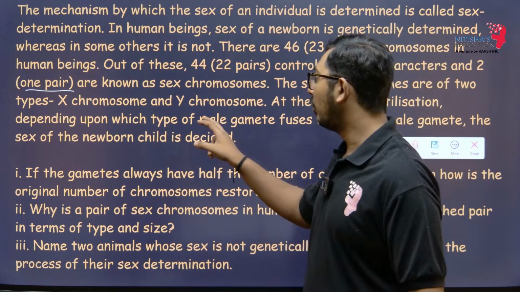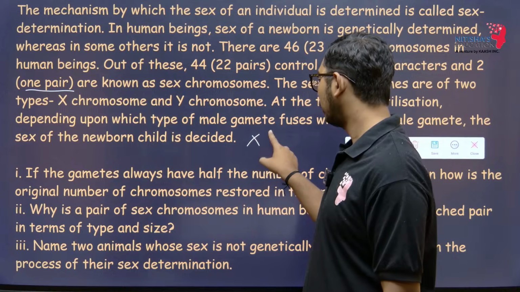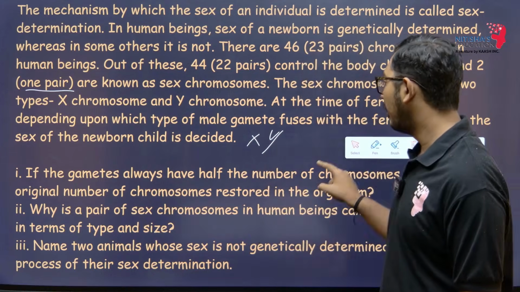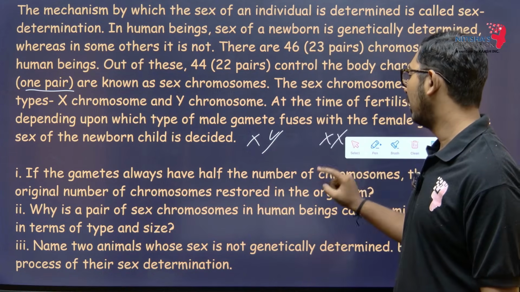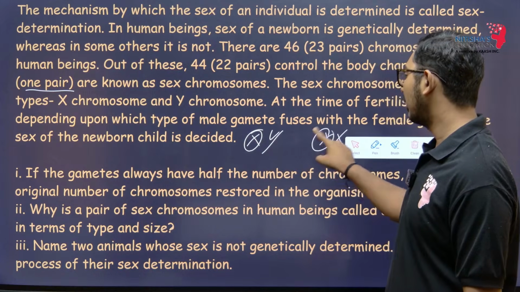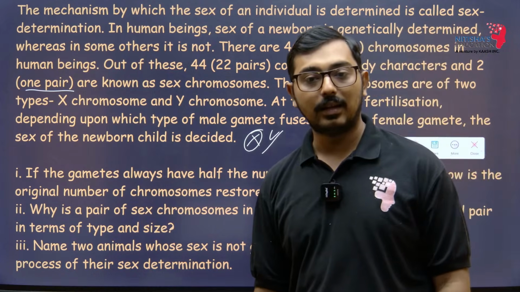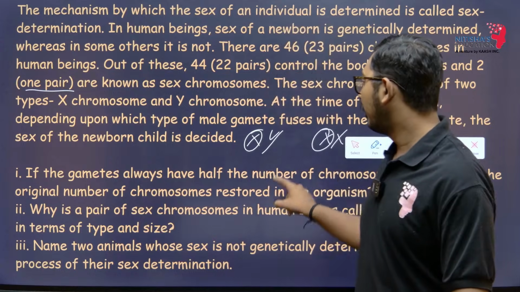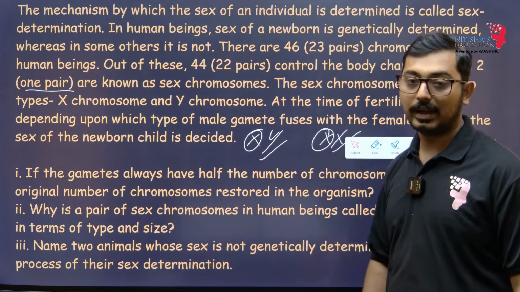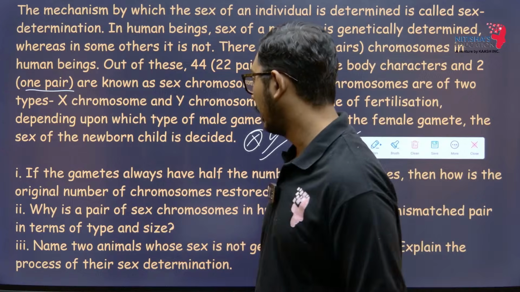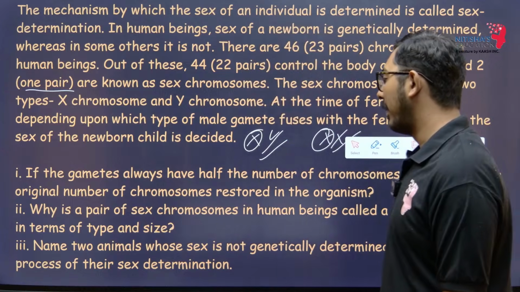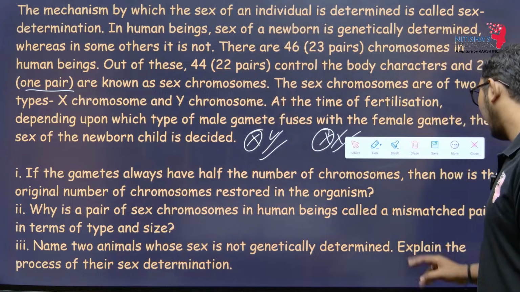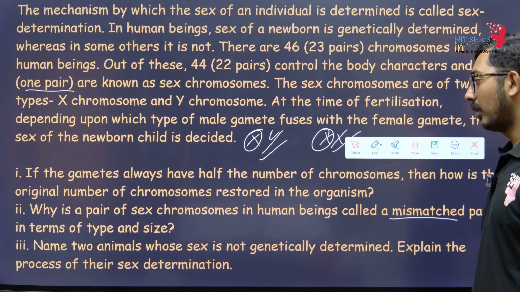So from one pair of X and Y of male and one pair of XX from female, if these two are fertilized, you will get a female, and if these two are fertilized, you will get a male.